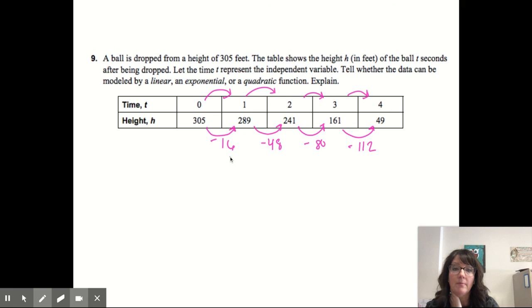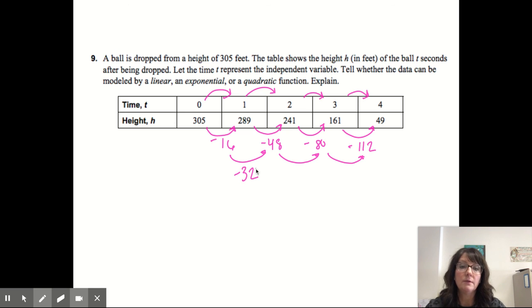So let's check these second differences here. If you're at negative 16 and you go to negative 48, we're going to be subtracting what? So we have 48 minus 16, 32. So I'm going to subtract 32. The difference between negative 48 and negative 80 is minus 32.